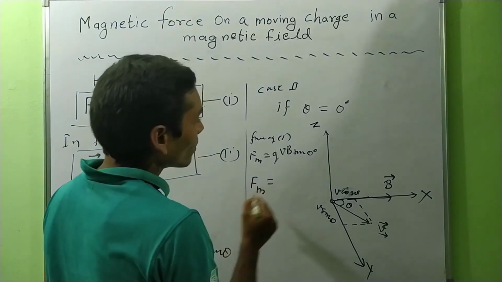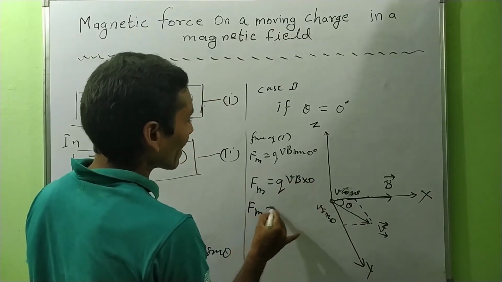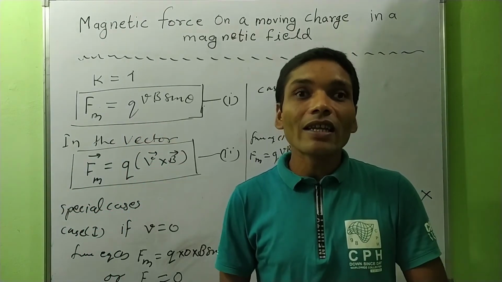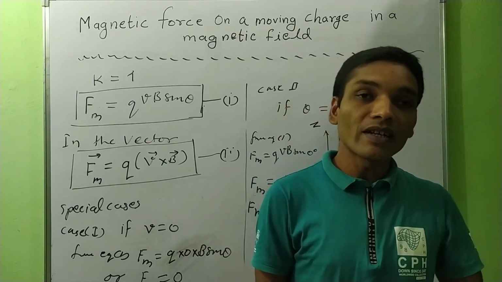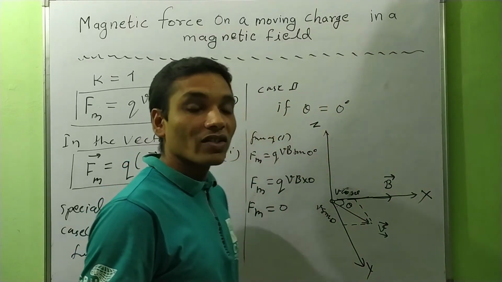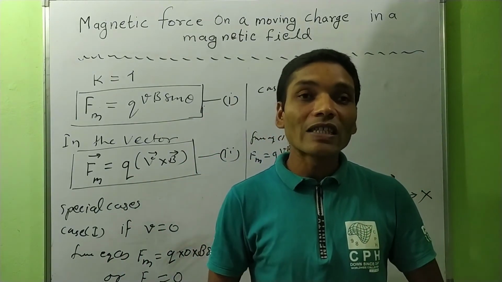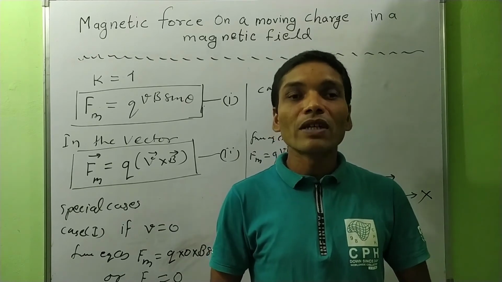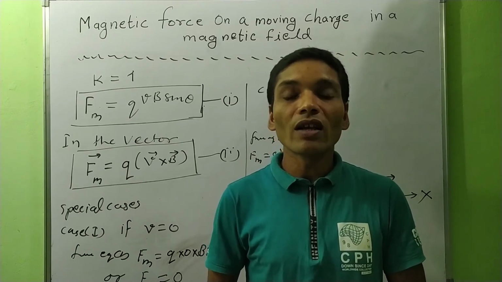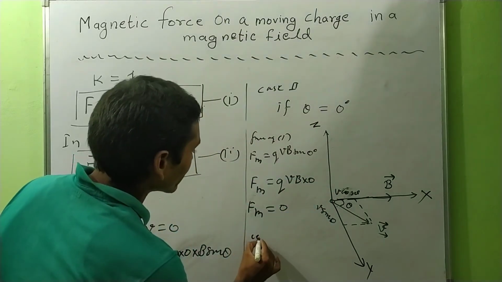So Fm will be equal to qvB into 0, or Fm will be equal to 0. It means if the charged particle is moving along the direction of magnetic field, then the magnetic force on the charged particle will be 0. The moving charged particle does not experience any magnetic force if it is moving along the direction of magnetic field.